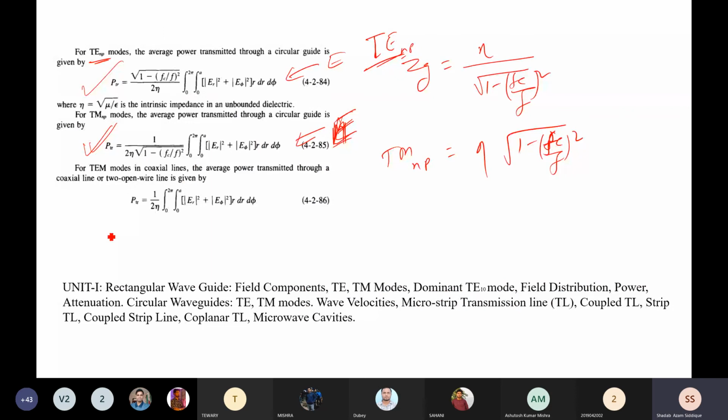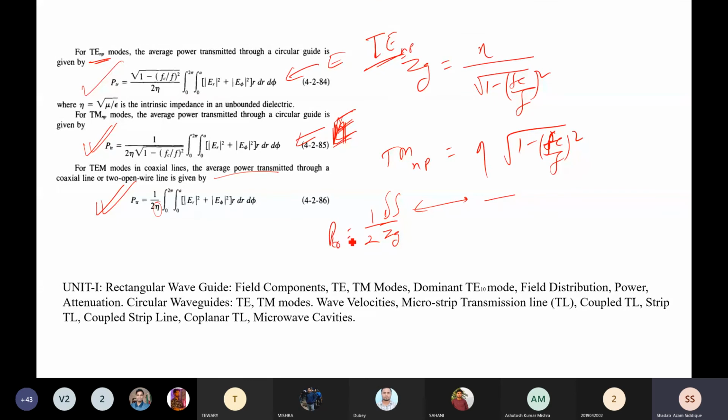If you talk about the TEM mode, the average power transmission in the TEM mode is 1 by 2 eta, square root of 2 pi, times the integral of ER E5. Why have we written eta? Because we have 1 by 2 ZG, and the integration that is there will be used.